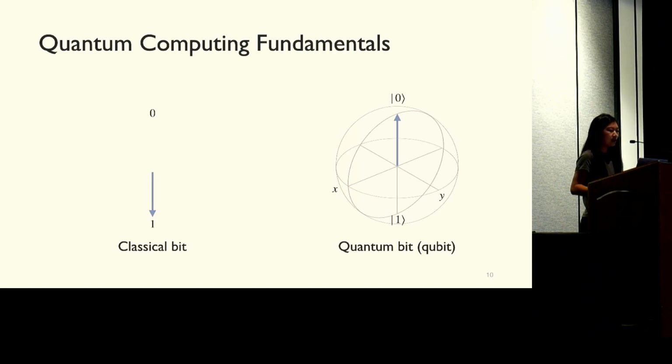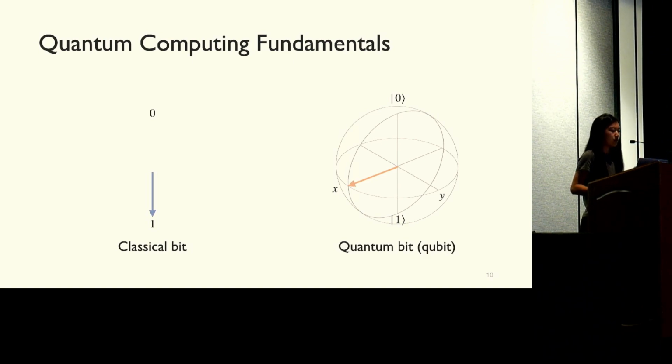If we negate the ket 0 state, we'll end up in ket 1. But we can also apply other operations, and the state can be in a superposition between these two basis states, or really the vector can be anywhere on this sphere, and operations can rotate it and move it around.